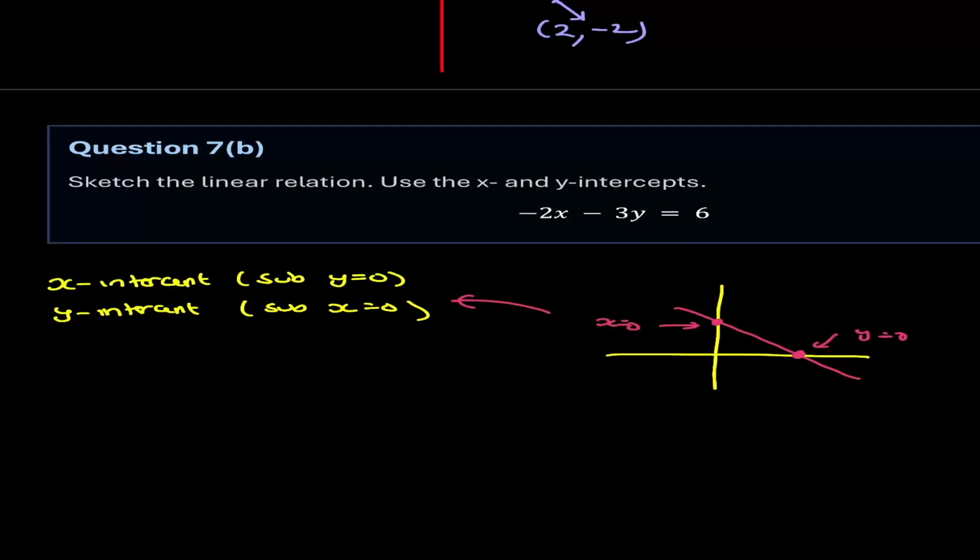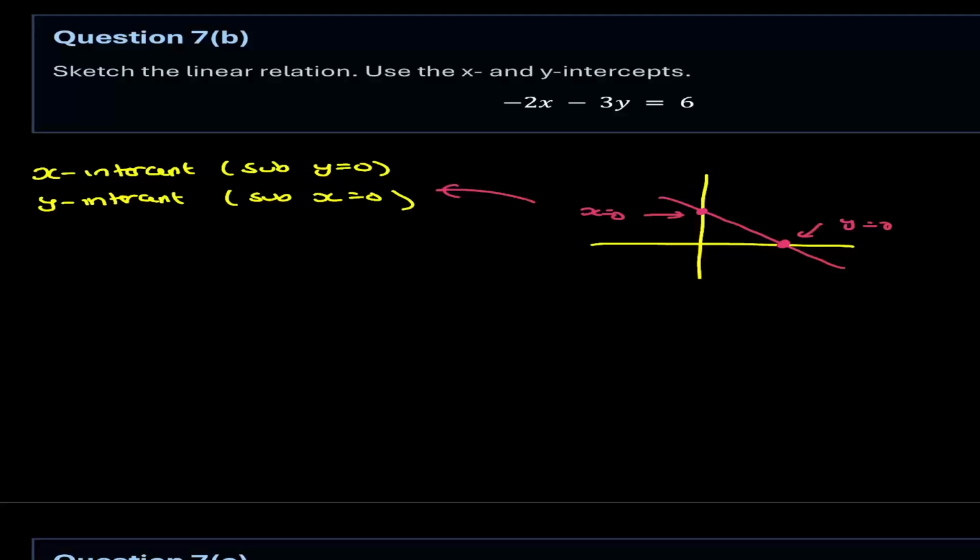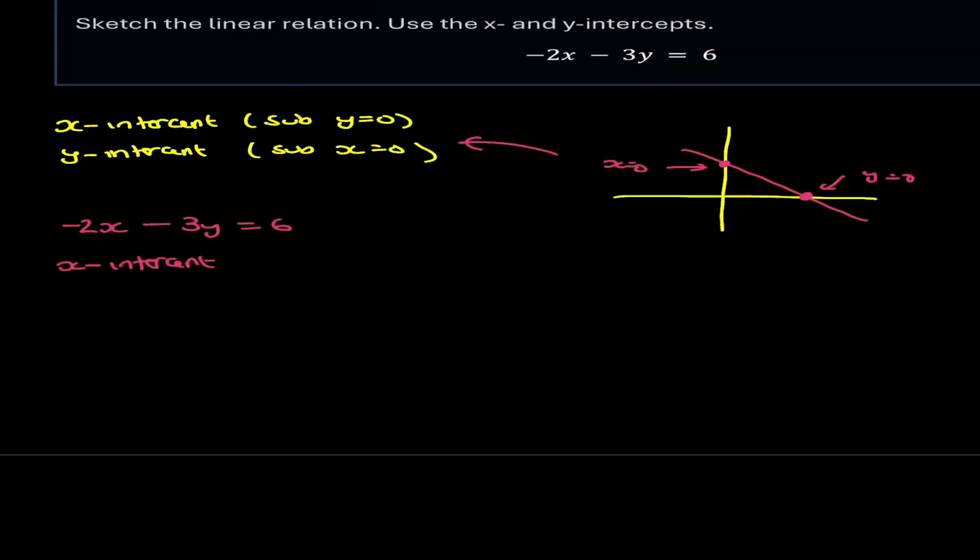So let's work out the x and y intercept. We've got -2x minus 3y equals 6. Let's work out the x-intercept first. What we're going to do is substitute y as 0.